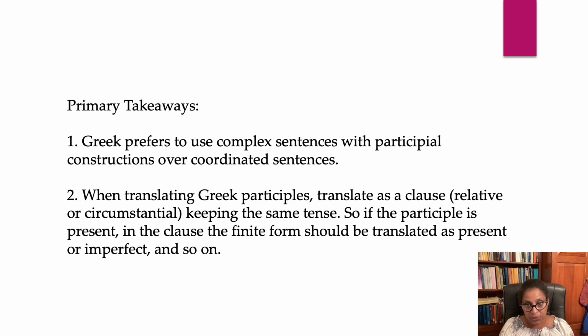It's better to produce it as a clause, and that way you can see that, okay, here I need the aorist, and to translate an aorist into the simple past. I need to translate this as an imperfect because it's a present participle and I'm in the past tense, etc. Okay? All right, so now the next one, part 2, will deal a little bit more with verbs that take participles and participles in supplementary situations. Okay.